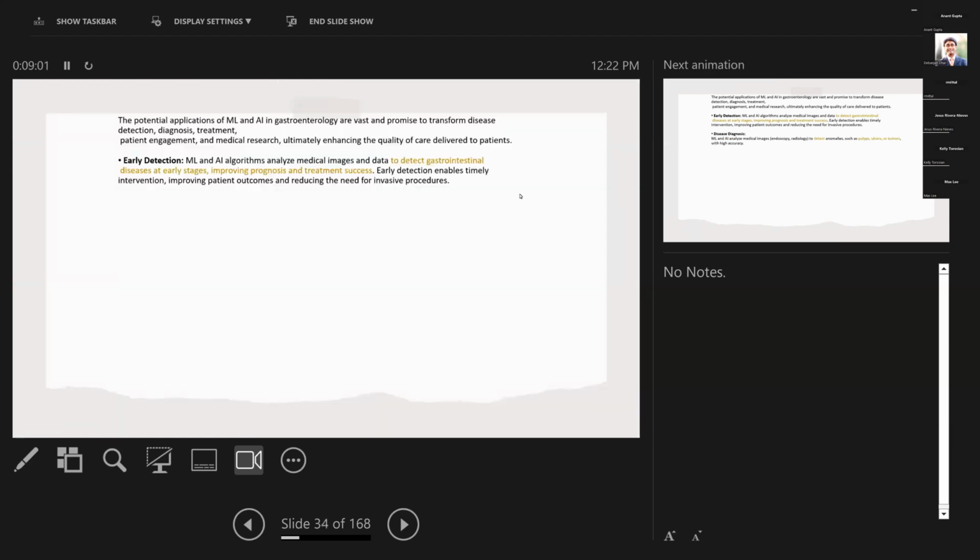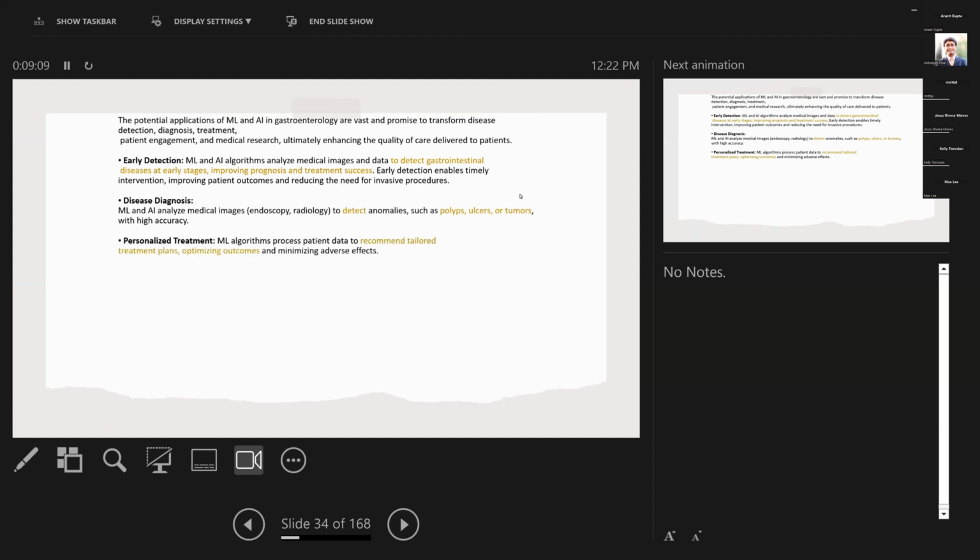But AI has different uses as well for the early detection, prognosis and treatment of GI diseases. It can be used for detecting anomalies. It can be used for personalized treatment, recommending tailored treatment plans and optimizing outcomes. It can be used for predictive modeling, for predicting disease progression and treatment.